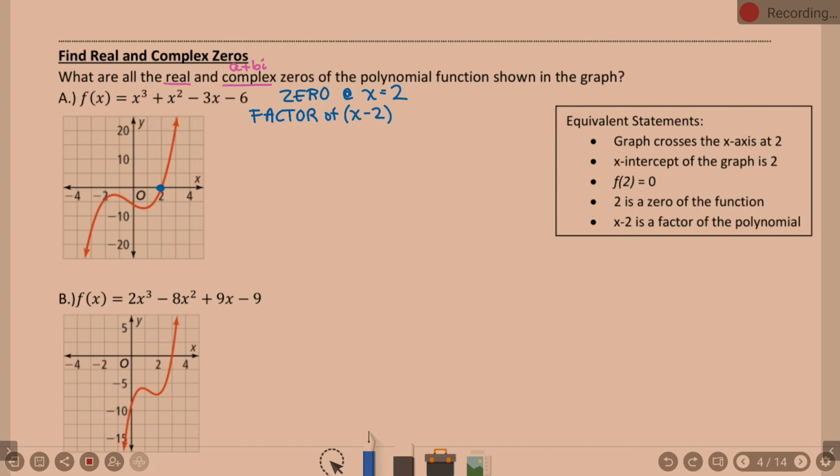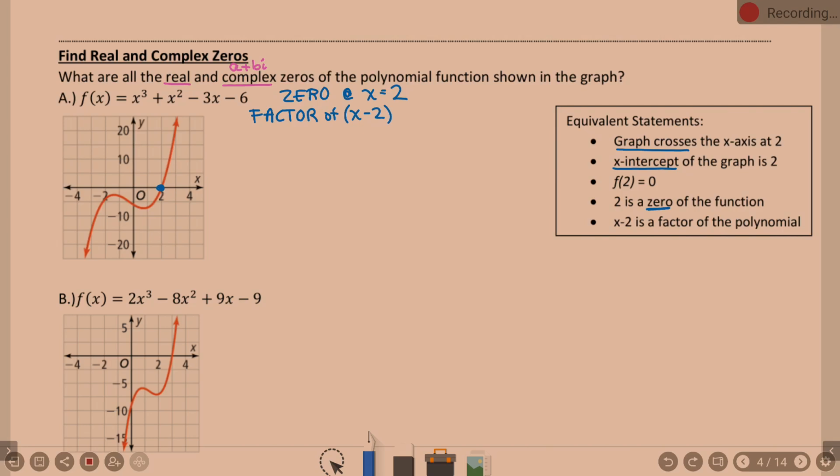Now, there's some vocabulary over here that I threw in a box because I think it's helpful to point out. I've just used the vocabulary zero, yes? Okay. We knew it was a zero because what did it do on the graph? It was an x-intercept, yes? Or in other words, the graph crosses. So statements that we can make here. The graph crosses the x-axis at 2. We can call it an x-intercept.